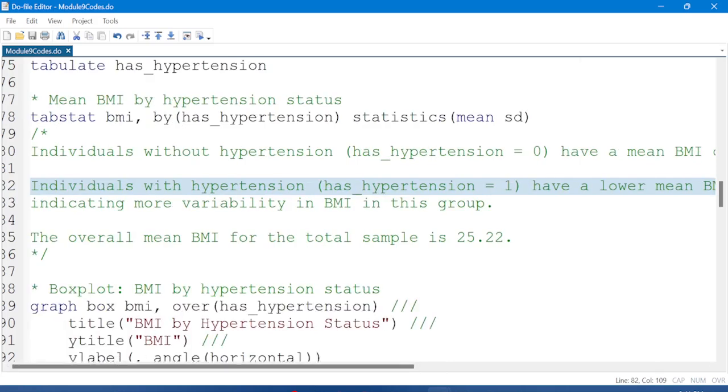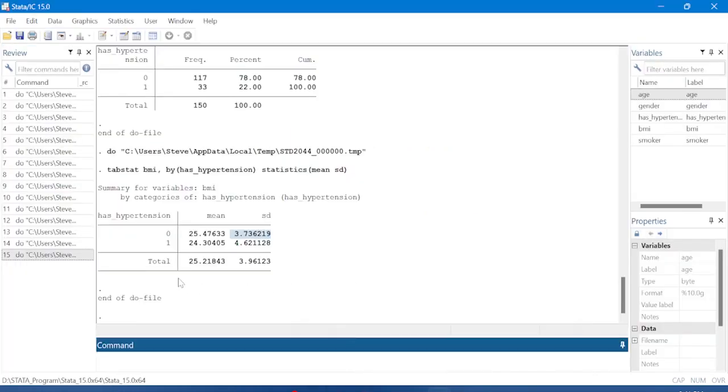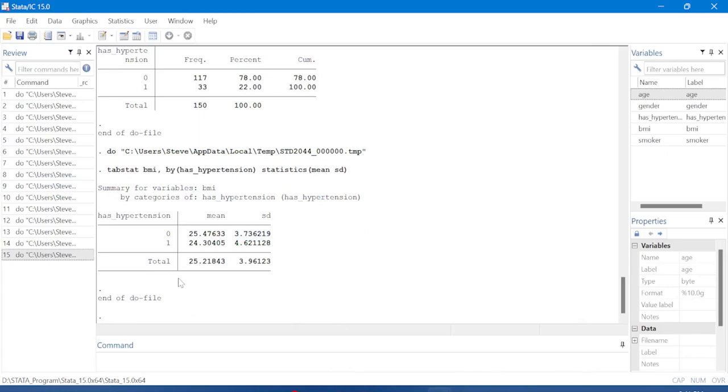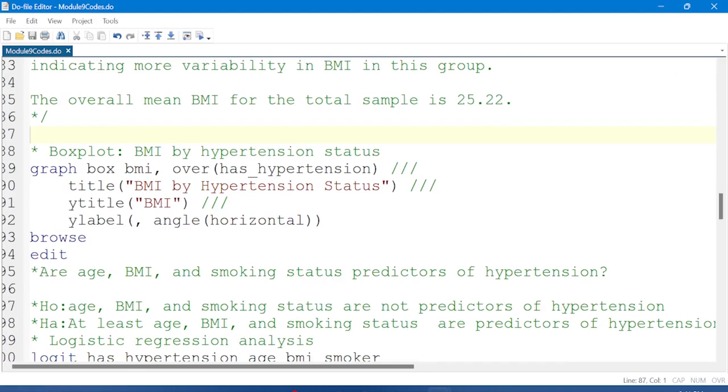And the overall mean BMI for the total sample is 25.22, and the overall SD is 3.96.